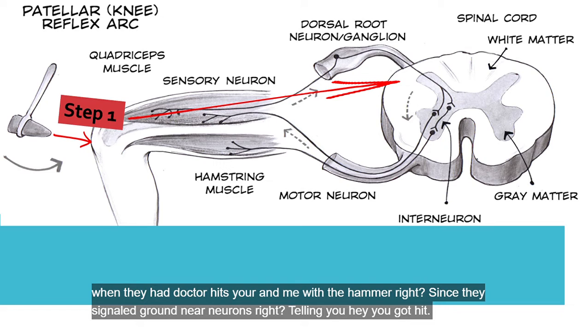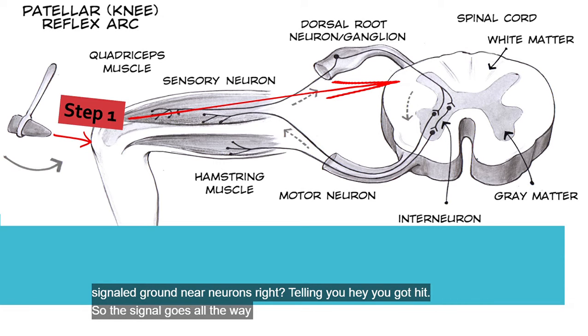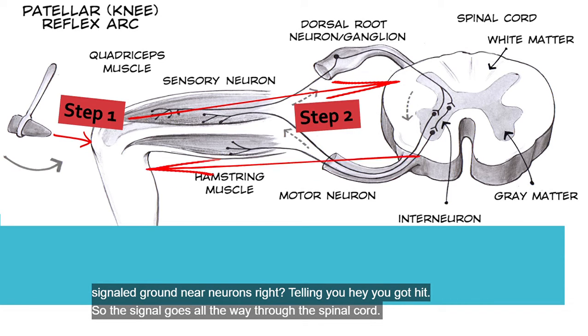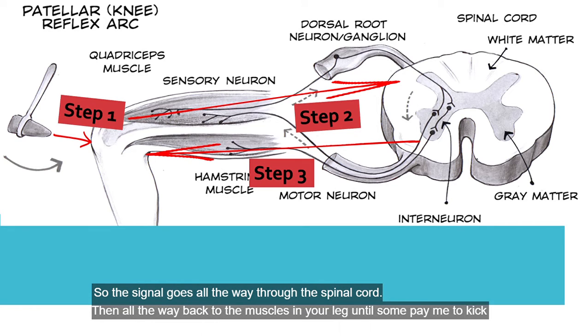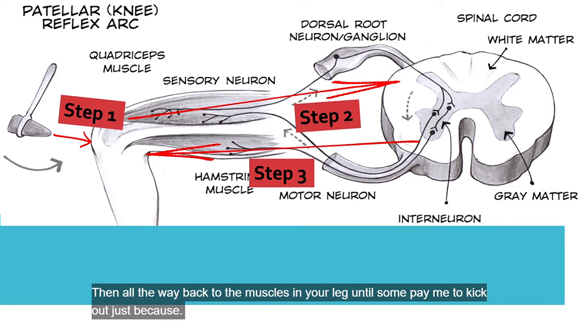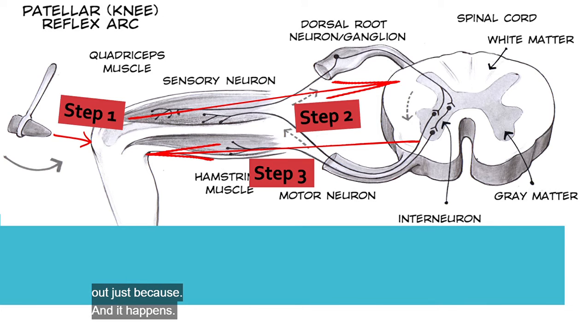So the signal goes all the way through the spinal cord and then all the way back to the muscles in your leg and tells them, hey, you need to kick out just because. And it happens. What do you guys notice?